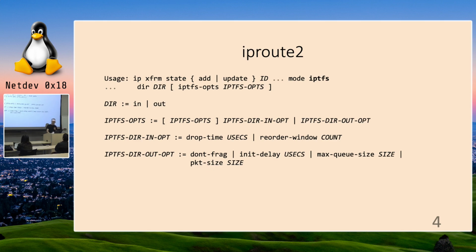This is the IP route 2 changes. You see there's 1, 2, 3, 4, 5, 6 values. 2 of them are input values, drop time. So we have to hold packets in case we have reordering.